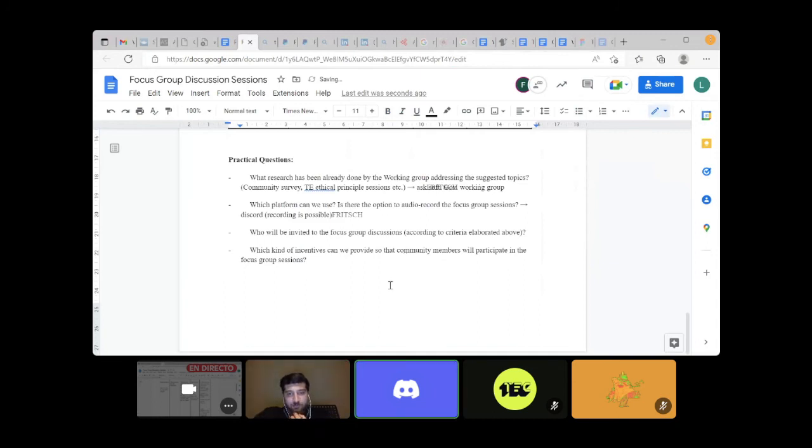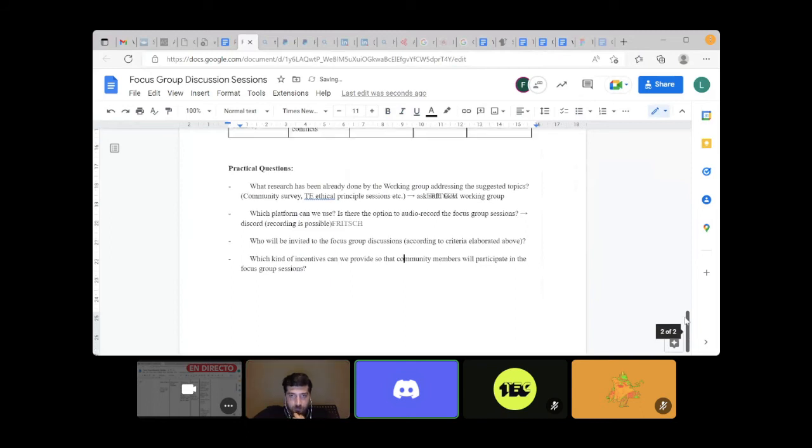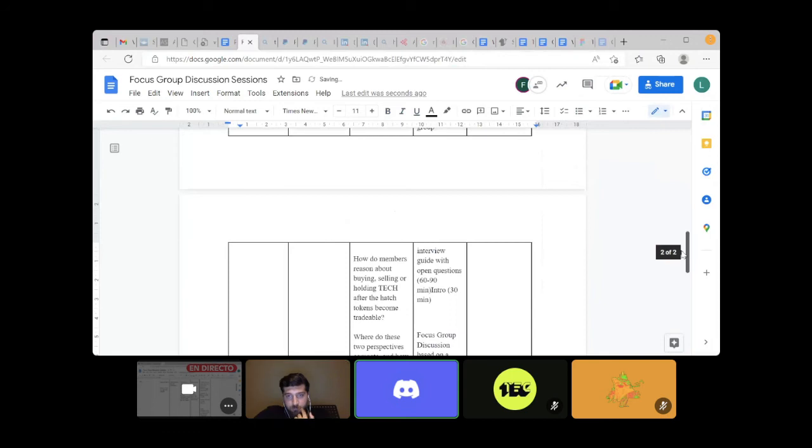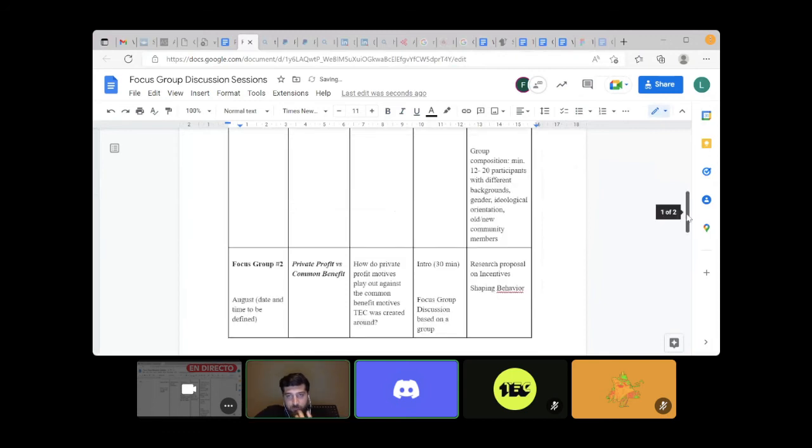Who are we going to invite to the focus group discussion? This is important for us. If we really do this focus group, maybe have 10 up to 20 participants, and then we really need to try to have different backgrounds, different gender diversity, different ideological orientation, also old members, new members.